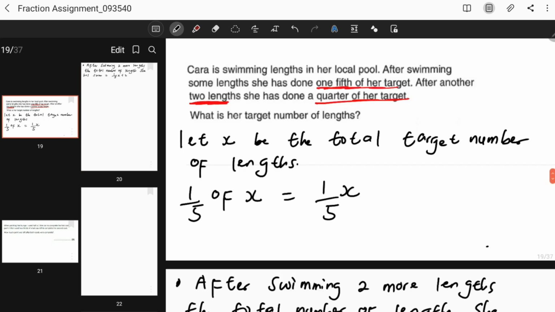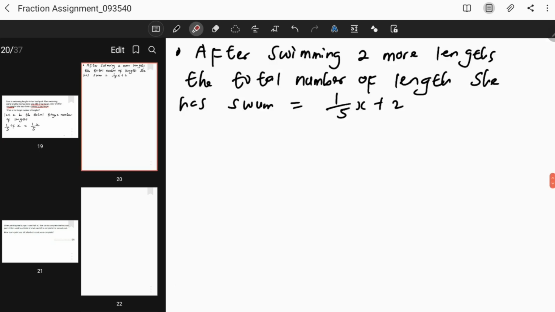Now let's go ahead. This might be confusing, but I wanted to get this into your head. It said Clara is swimming lengths in a local pool. After swimming some length, she has done 1/5 of her target. After another 2 lengths, she has done a quarter of her target. So this total length is equal to 1/4 of the x she started with. This simply means that 1/5x plus 2 is equal to 1/4x.